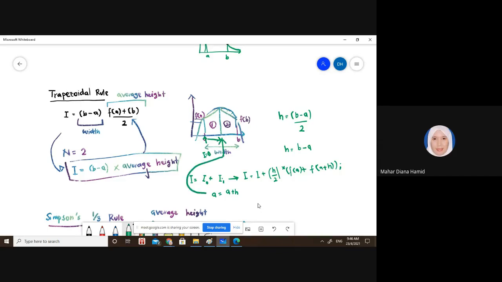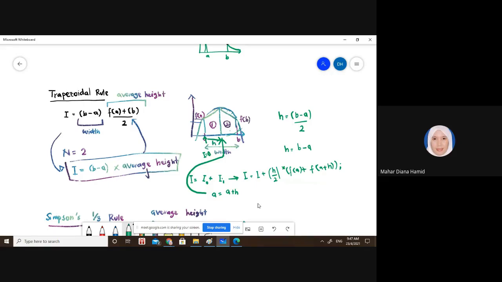So we're actually going to have a loop where we are not going to calculate the value of the integration simultaneously at the same time. However, it would be a procedure or an algorithm where we calculate the first segment first, and then use the value that we already get in the first segment to calculate the value in the second segment. So that's why we change the value of a here with a plus h.